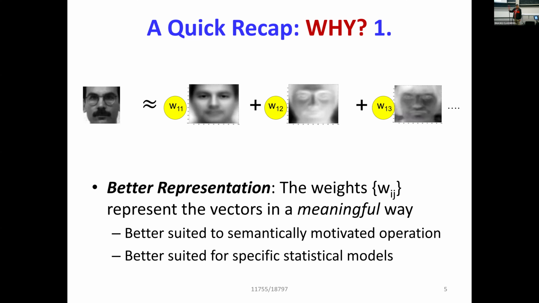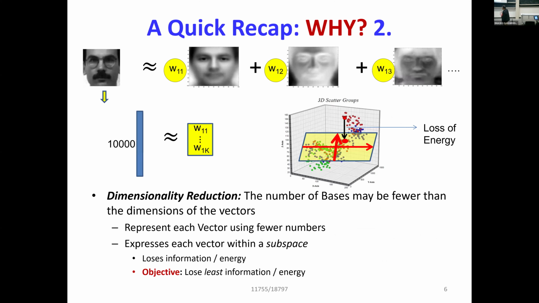In the case of other kinds of compositions, if my bases were parts of faces, I could just describe a face and you could kind of visualize what the face looked like. So having the right set of bases gives you a semantic characterization for the data. And having semantic characterization makes this much better suited for some kinds of statistical methods. So this was one reason for wanting a different set of bases.